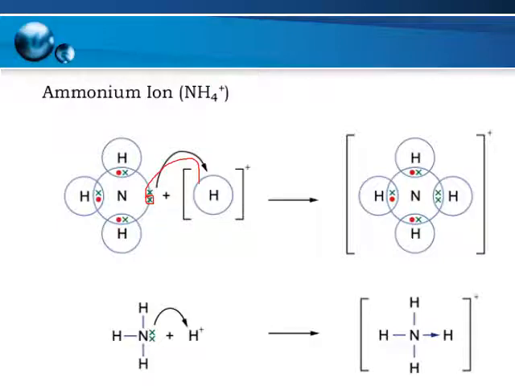You form like this, and this is actually already the dative. 1, 2, 3, you have formed the bonding with the hydrogen, and the other remaining one here is the dative. It will donate and share with hydrogen to become the dative bonding. Dative bonding is normally drawn with the symbol of an arrow.